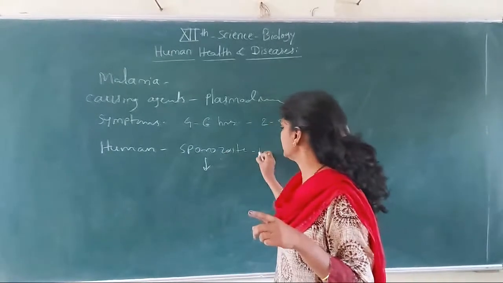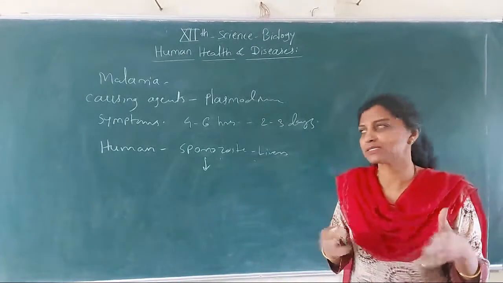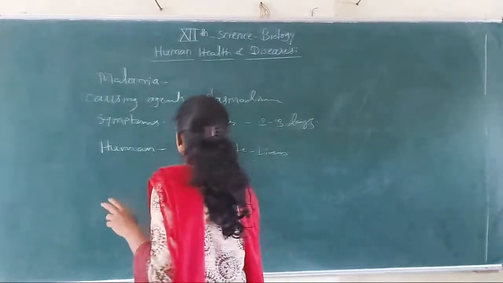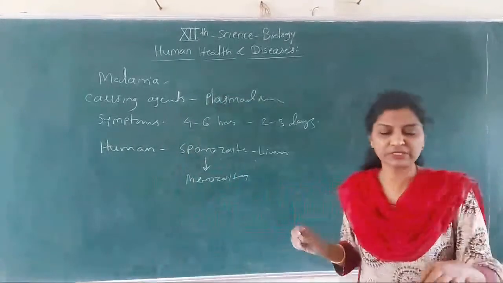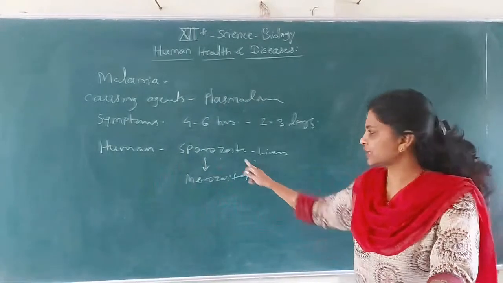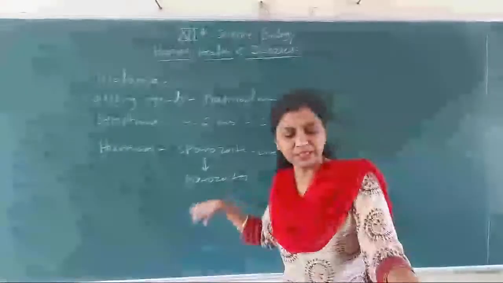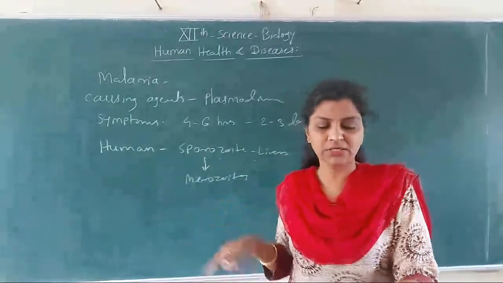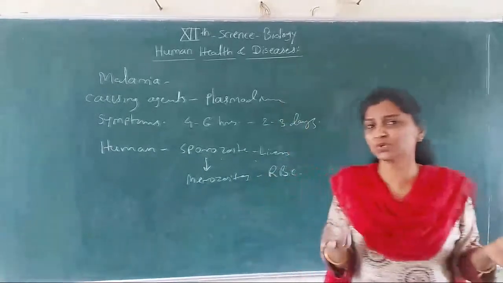कुठे जाणार आहे? In liver. In liver they multiply into merozoites asexually, that is by fission. So sporozoites reach the liver cells, then they divide or multiply into merozoites. Liver मधून merozoites कुठे जाणार?